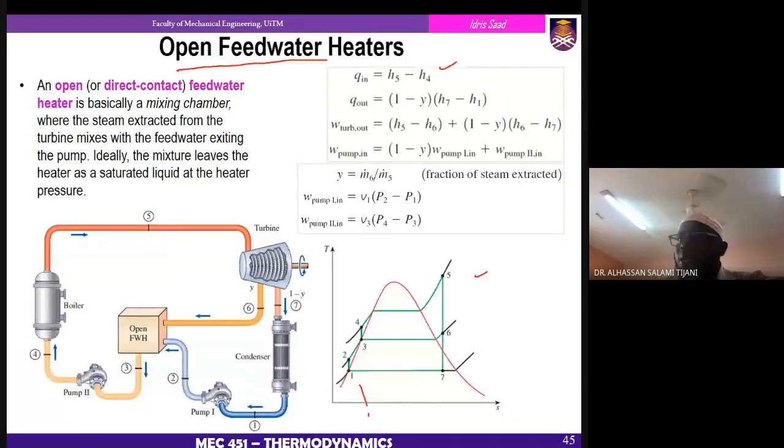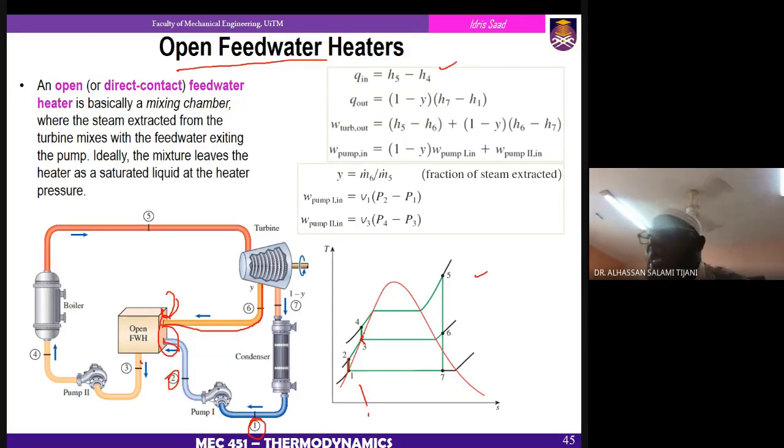So the fluid at state 1 in the pump is pumped to state 2, and then it is reheated. This is preheating. You see, we take some amount of superheated steam from state 6 and add it to this cold water. Then the temperature of this fluid is elevated and it goes to state 3.